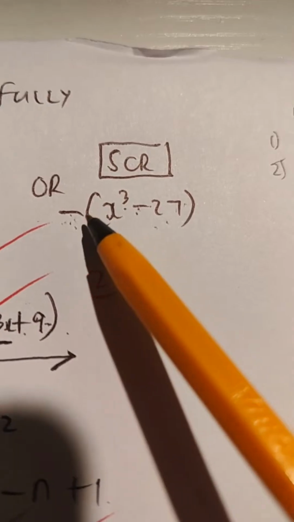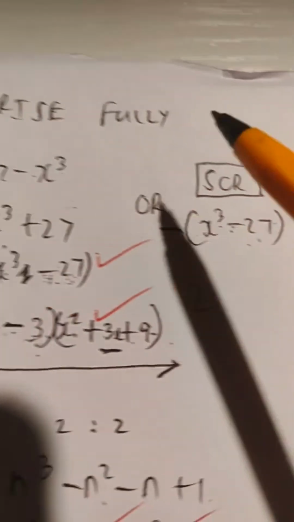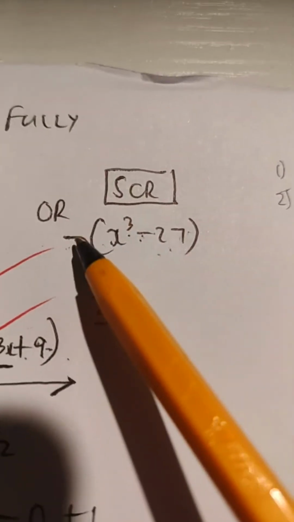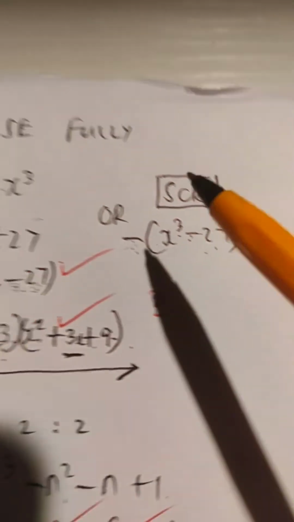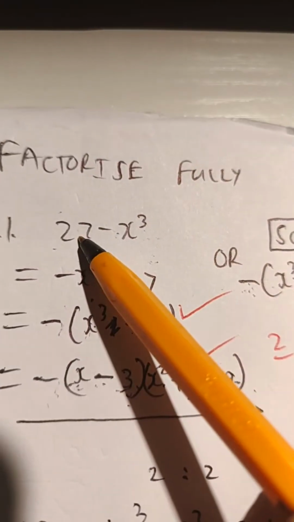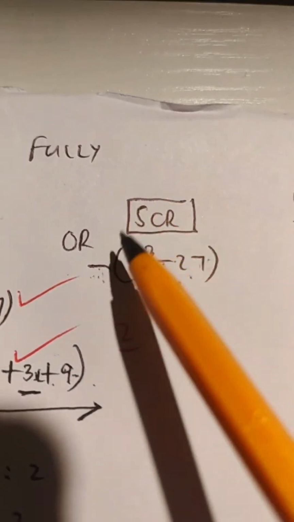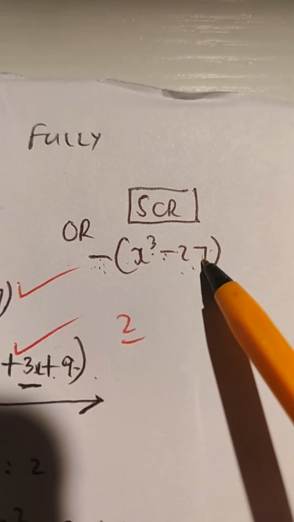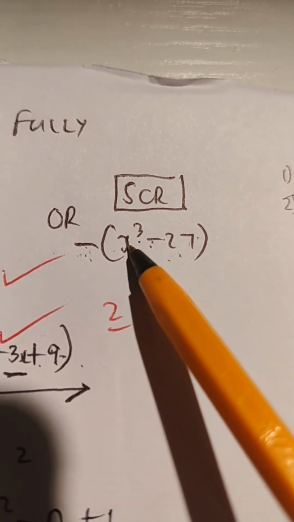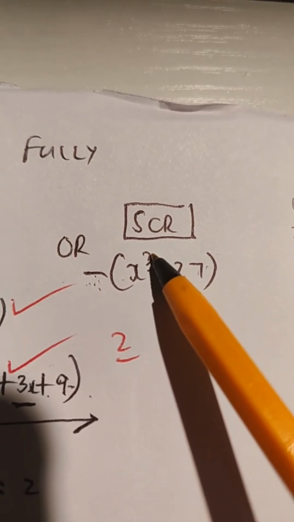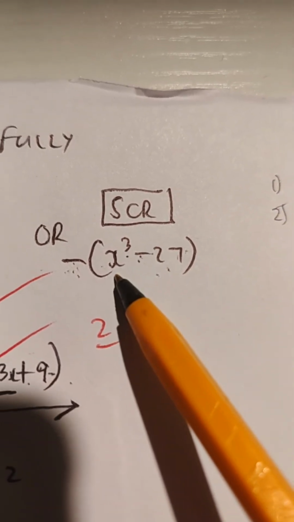Taking the negative sign back gives me back the negative x cubed. Taking the negative sign into the negative times negative gives me back the positive 27. So the sign change rule here could be applied so as to ensure that the first term contains the degree of the highest exponent for the variable.